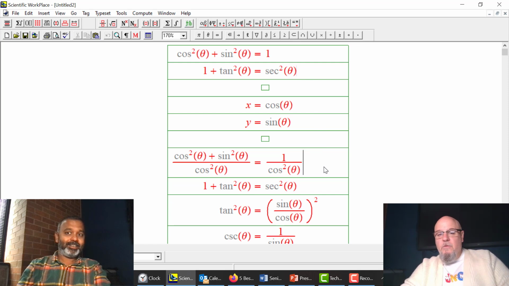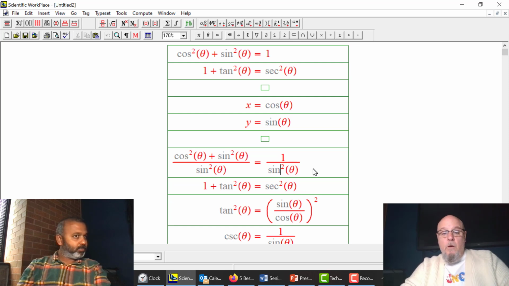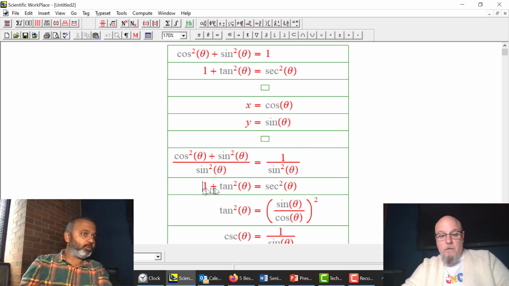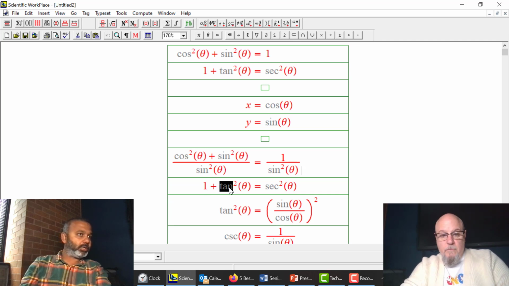So let's start with that same one again, but instead of dividing by cos squared, let's just divide everything by sine squared. Same idea, right? But now I've got cosine squared divided by sine squared, which would be tangent squared. Sorry, cotangent, my bad, which is just the reciprocal of tan.